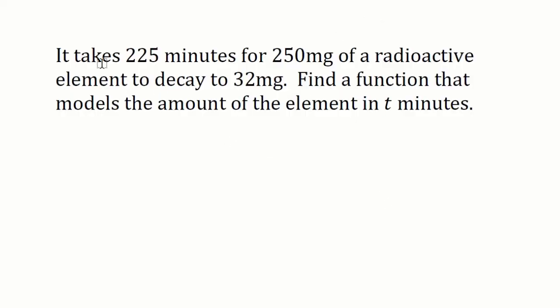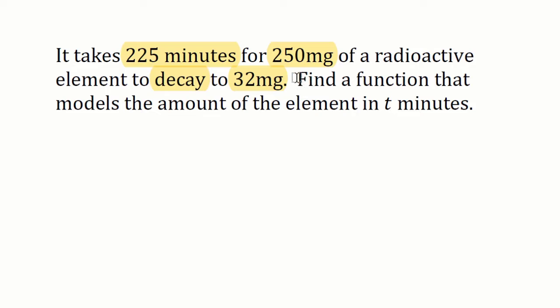So in this example 6 right here, according to the problem, it states the following. It takes 225 minutes for 250 milligrams of a radioactive element to decay to 32 milligrams. That's the end of the first sentence, and that's the only sentence here.